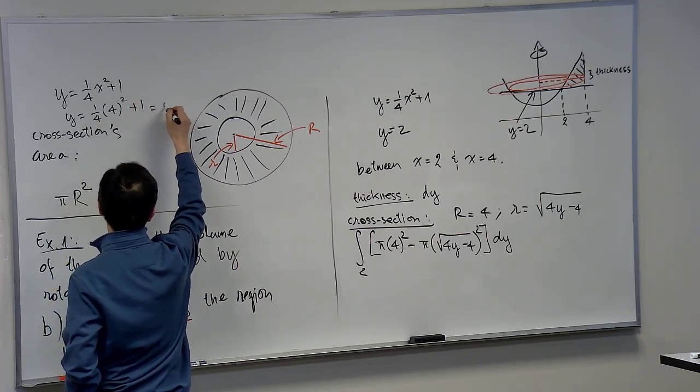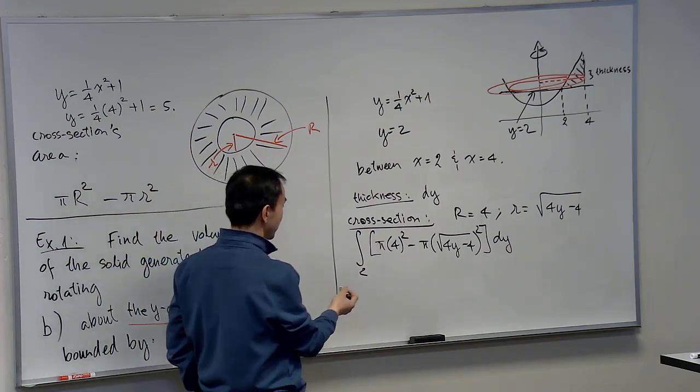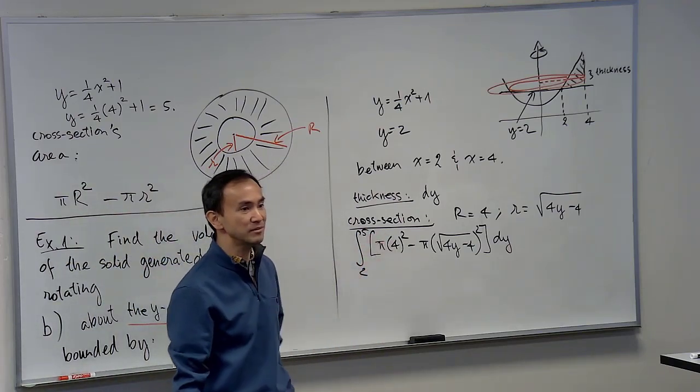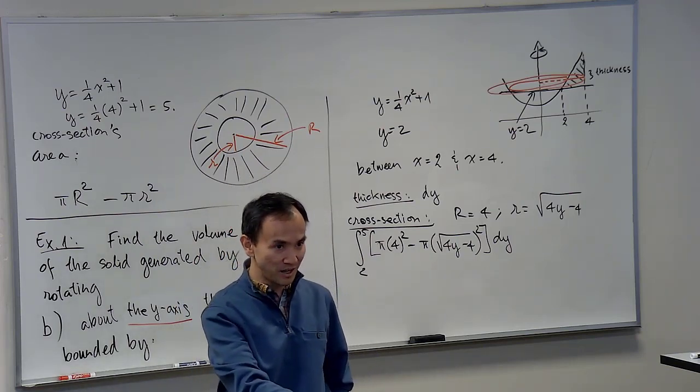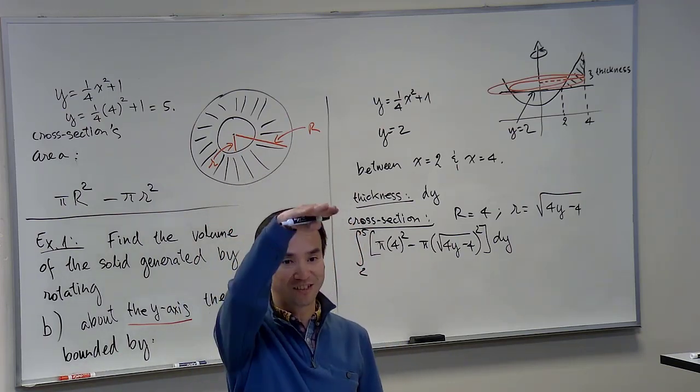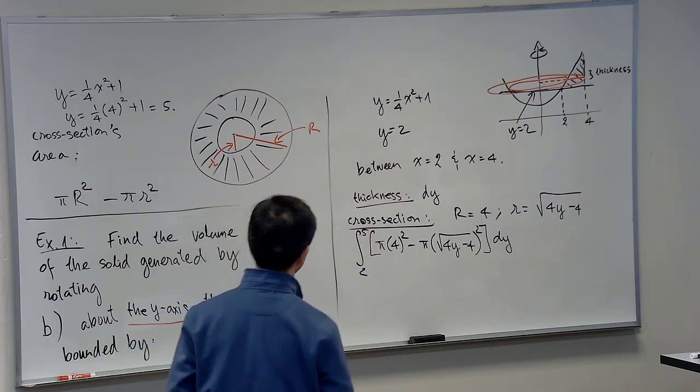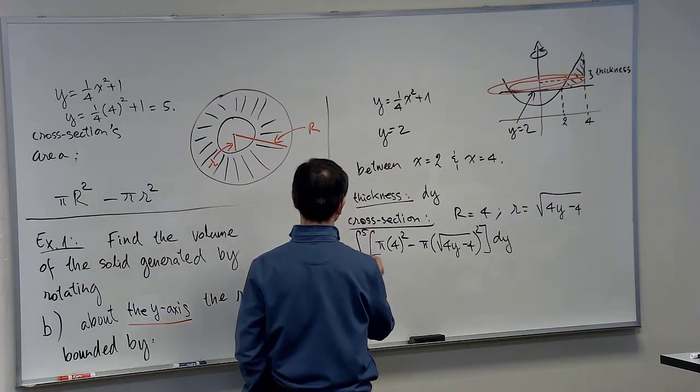The whole thing turns out to be 5. So our accumulation stacks up the washers from the bottom one being 2 to the high one being 5. That's how we have completed our integral, and that will get us our volume V.